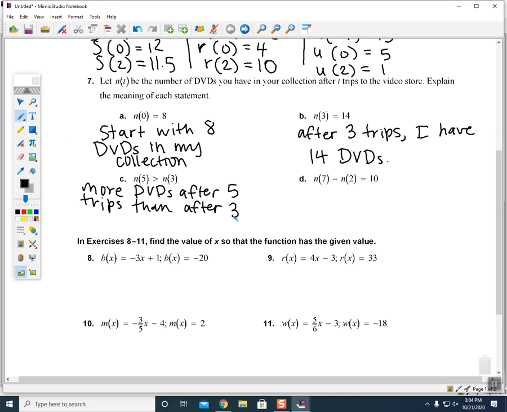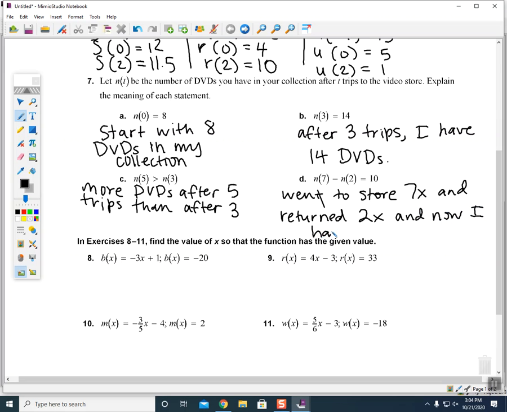The way that I kind of thought about it, though, is that I went to the store seven times and returned DVDs because I'm subtracting twice, and now I have 10. That was kind of how I thought about it.